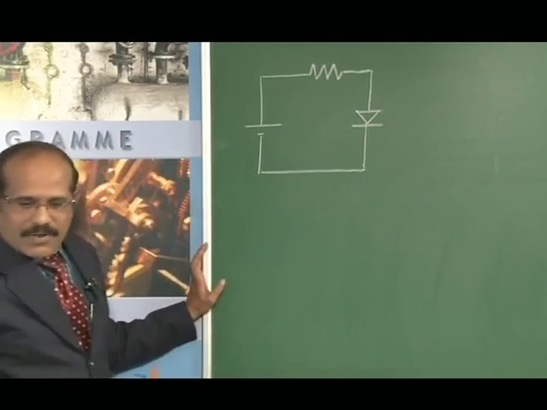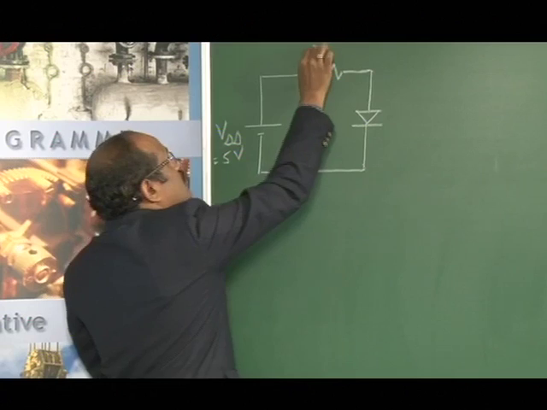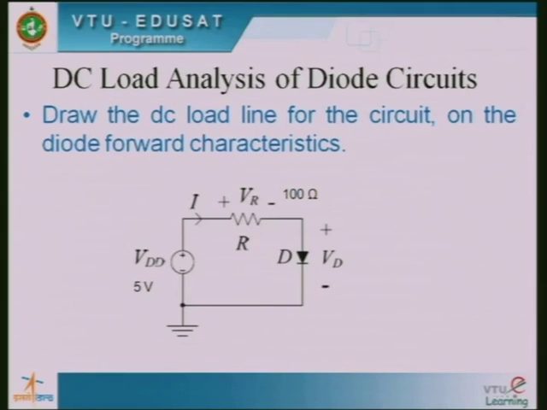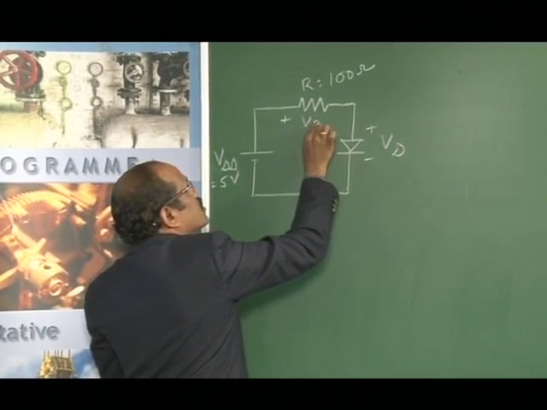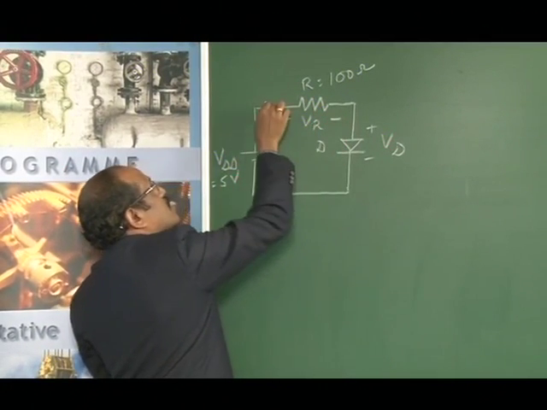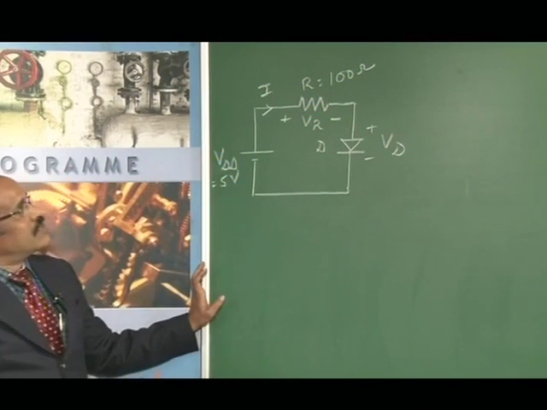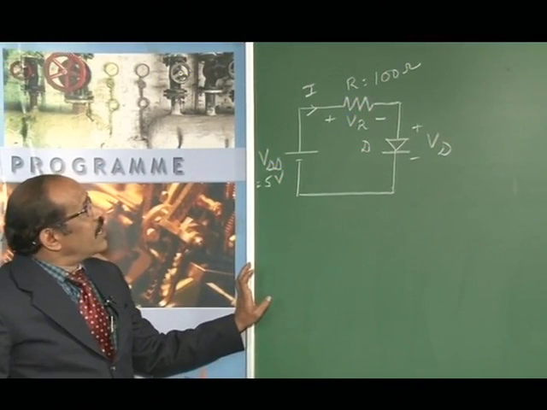This supply is defined as VDD, which is 5 volts, whereas this is R. The value of R is 100 ohms, and this is in series with the diode D. Whatever voltage drop there is across the diode we write as Vd, the voltage drop across R we represent as Vr, and the current that flows through this resistance is the current I.